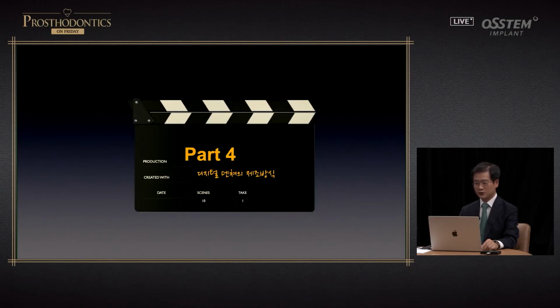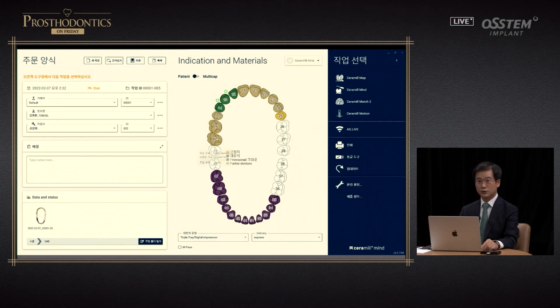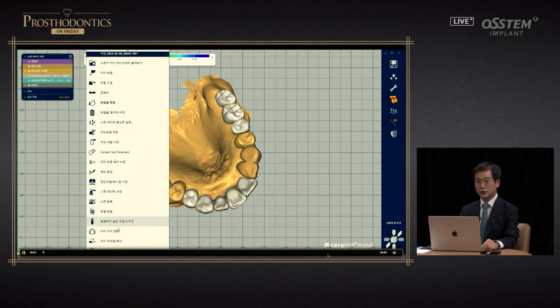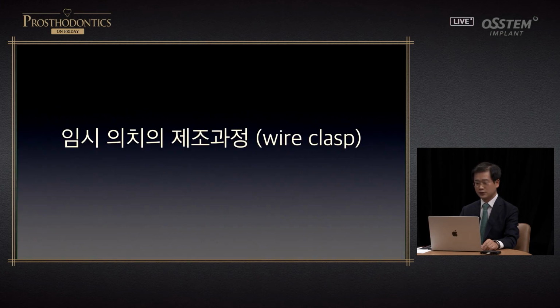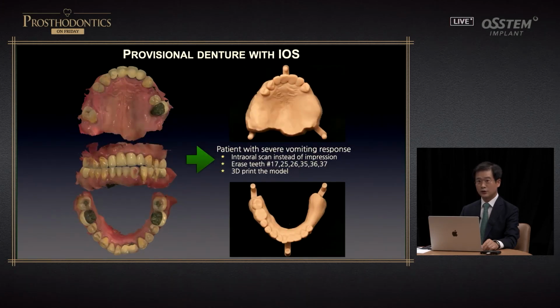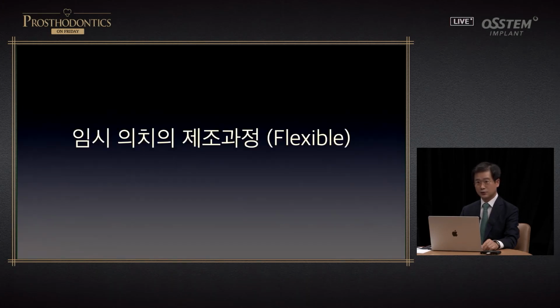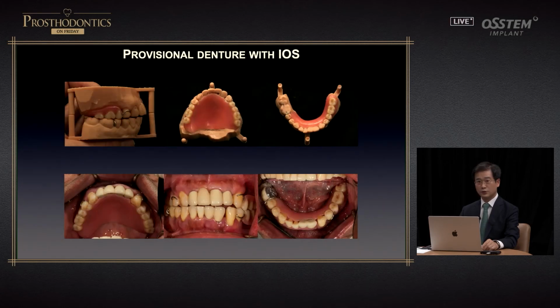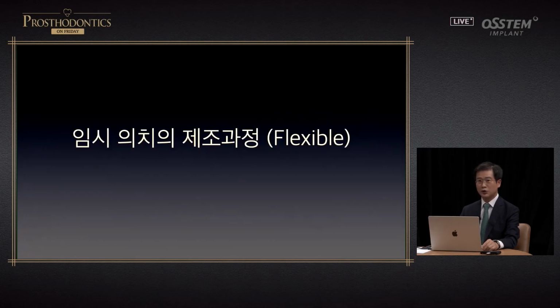So in terms of creating dentures, now you scan it like this, and you can even design temporaries or provisionals like this. And for wire clasps, if you have to use them, then with 3D printing you fold the wires and put them on.